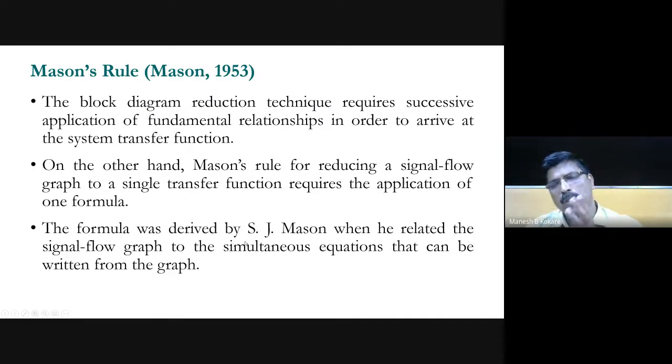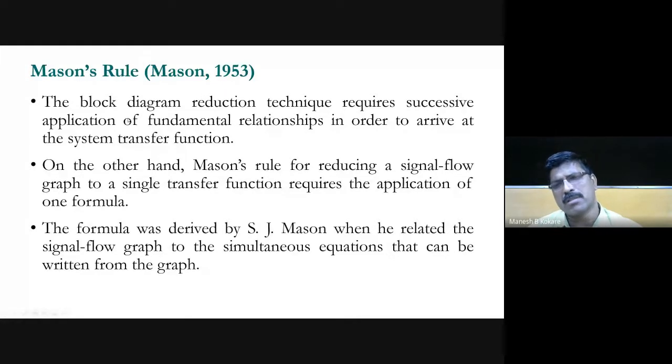Now, all those terms, like forward path, then feedback loop, then 2 non-touching loops, 3 non-touching loops, are there in this Mason's gain formula, by which we can find out the overall transfer function by using the signal flow graph. This Mason's rule was published in 1953 by S.J. Mason.